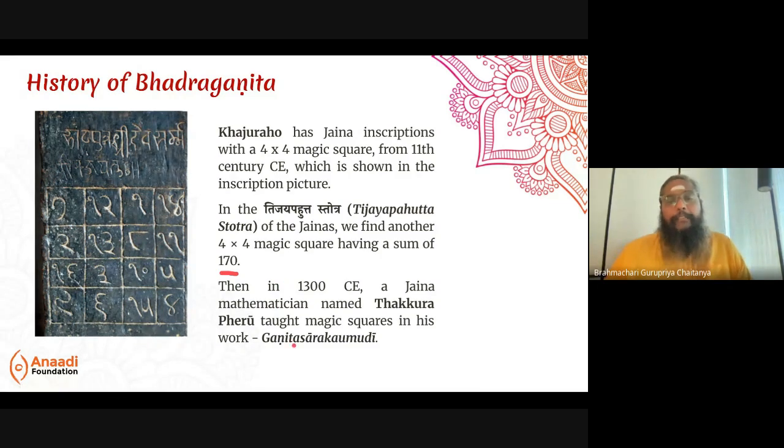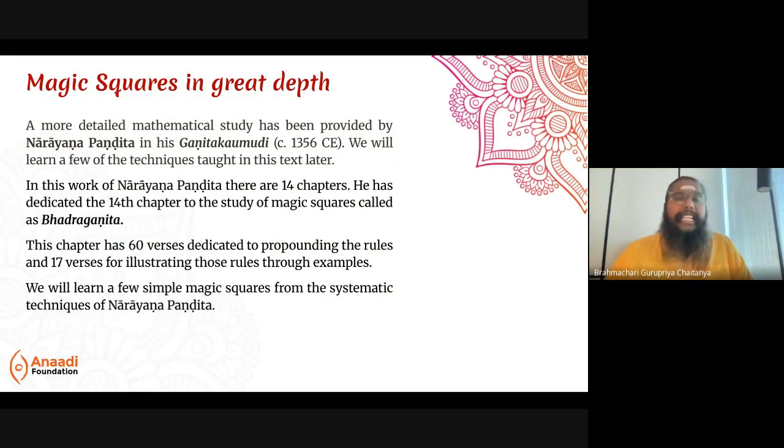Similarly, if you look at later, Thakkura Peru, another Jaina mathematician. So even in the Jaina tradition, these magic squares were very, very important. A very detailed, in-depth presentation of magic squares, as I said, is present in Narayana Pandita's Ganita Kaumudi. We are going to learn verses from Narayana Pandita, and we are going to learn how to build some magic squares.